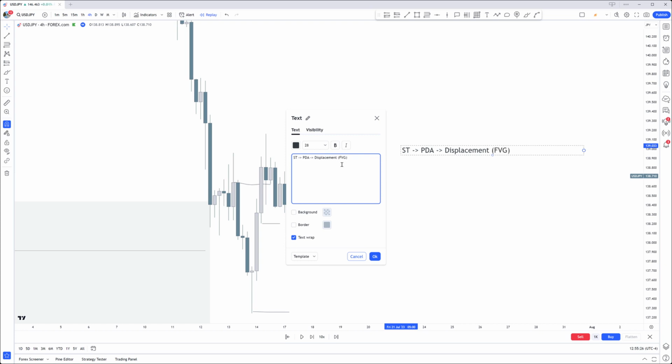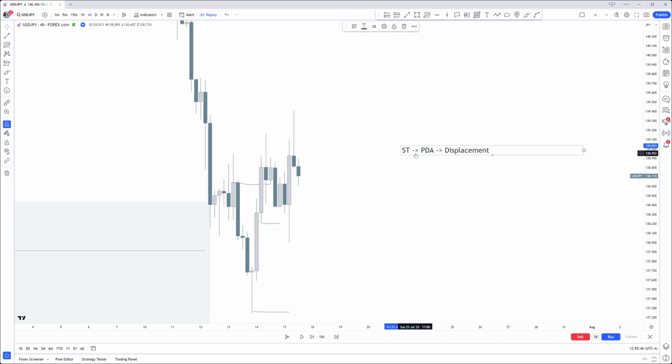So these three parts: the ST itself is definable by having PD array, displacement in, displacement out. The PD array is definable by having the first line of defense, the overlapping part, and the last line of defense. And then displacement is definable by having your fair value gap. So everything is definable. That's important to understand.